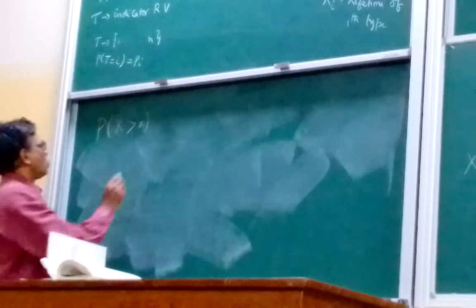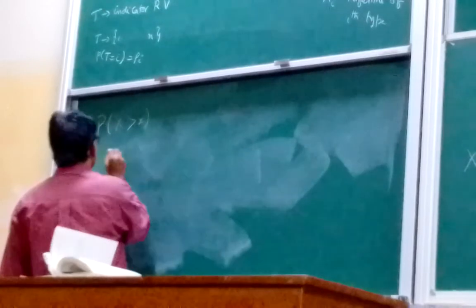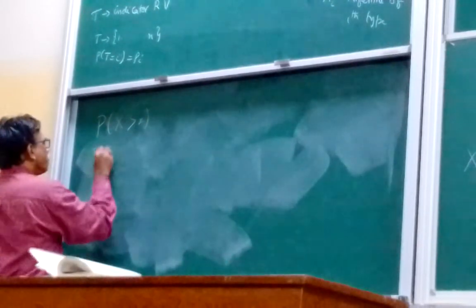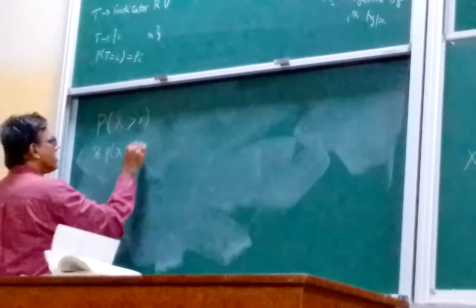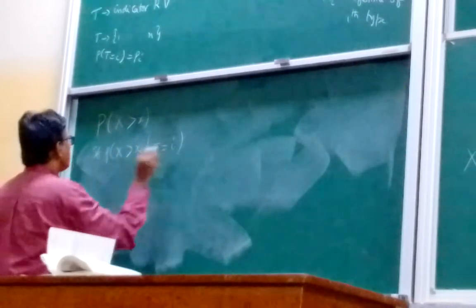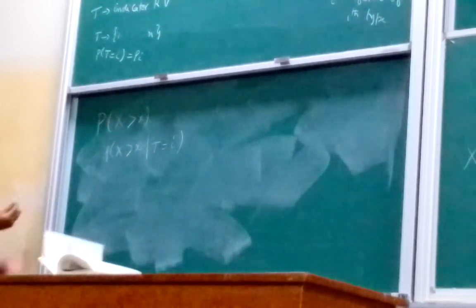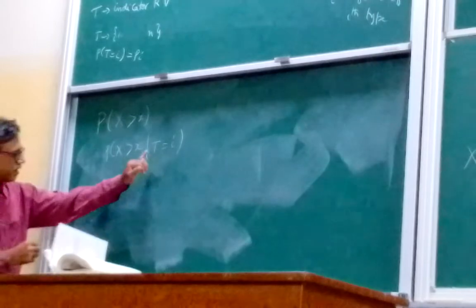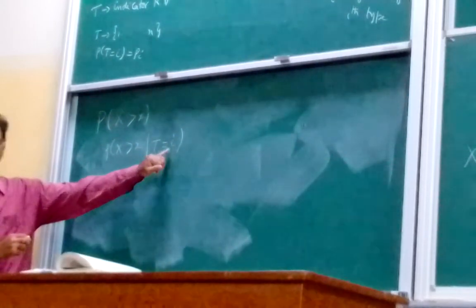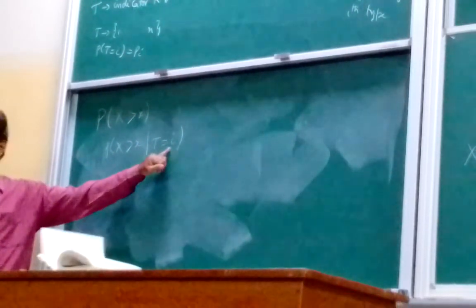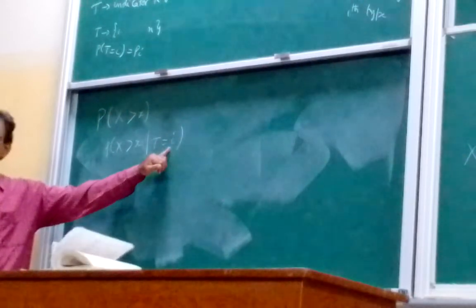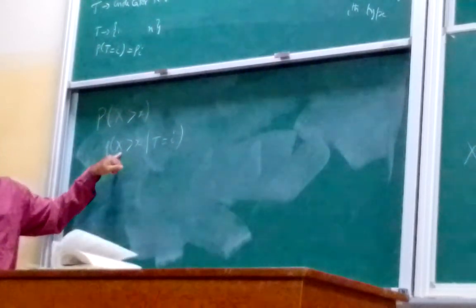So what you can do is, if you can easily find this one, given T is equal to i, if I ask this one, I will be able to tell. If the indicator random variable takes the value i, I know it is the ith type, and then this X becomes Xi.